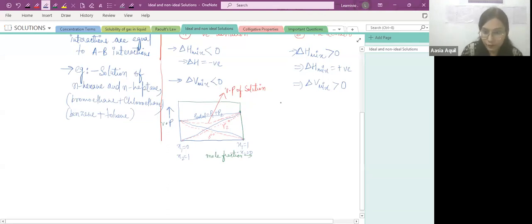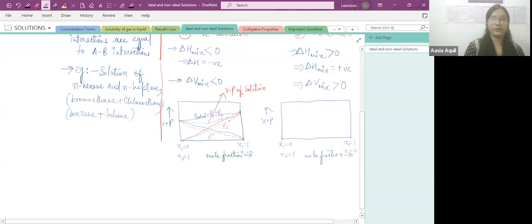Now let's see the graph for the positive one. Here we have mole fraction, x1 equals 0. You can follow the NCERT for this graph. That's very important for your exam. First make the graph for ideal, that was for Raoult's law.